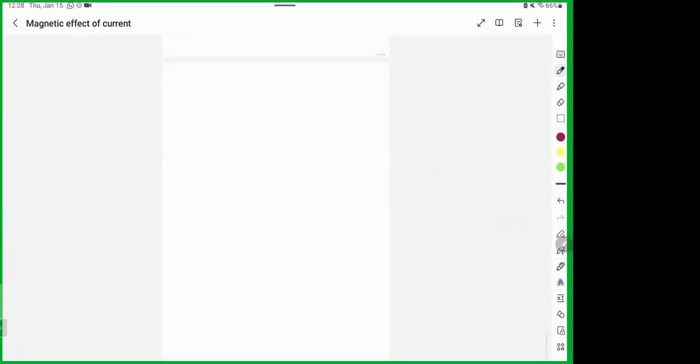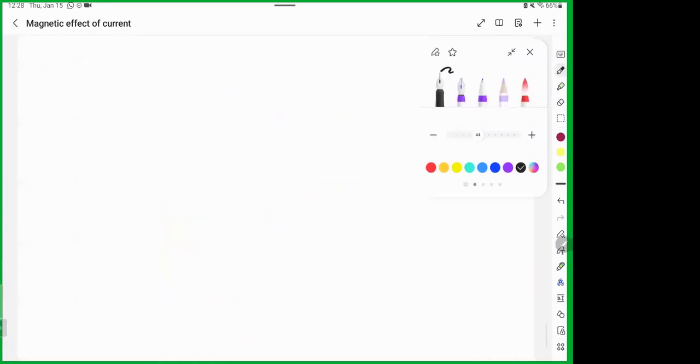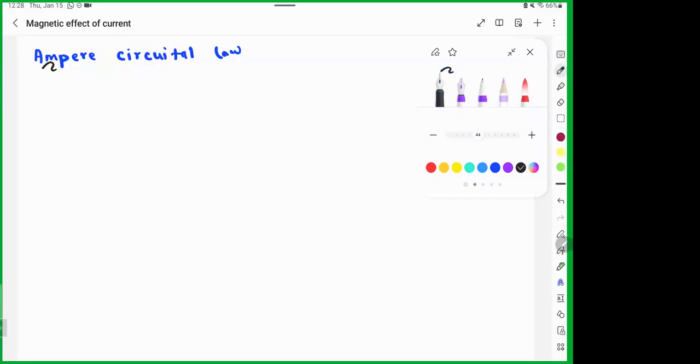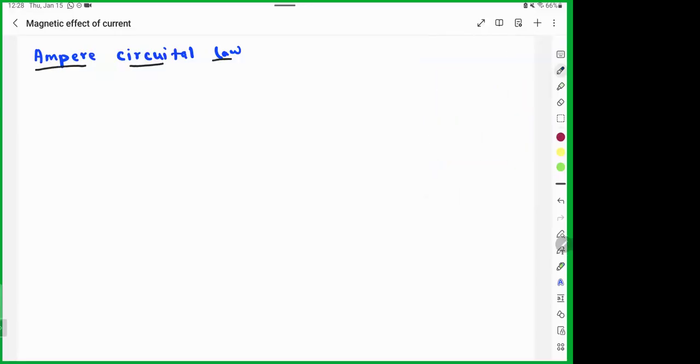So how did we do the Biot-Savart law? We can do Ampere's circuital law. Ampere's circuital law says that if you want to calculate magnetic field using the current, there are two methods. Both methods will give the same value, whether it is Biot-Savart law or Ampere's circuital law.